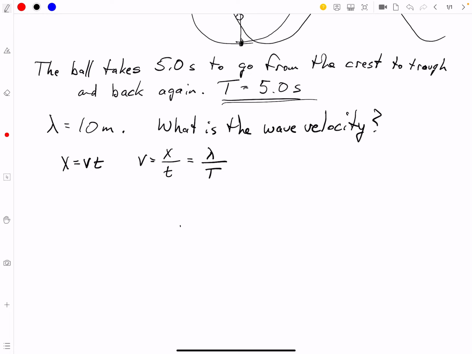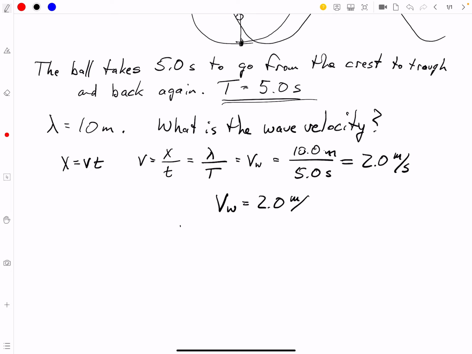So we now have v for a wave, and that is 10.0 meters divided by 5.0 seconds, and that is going to equal 2.0 meters per second. So v_w equals 2.0 meters per second.